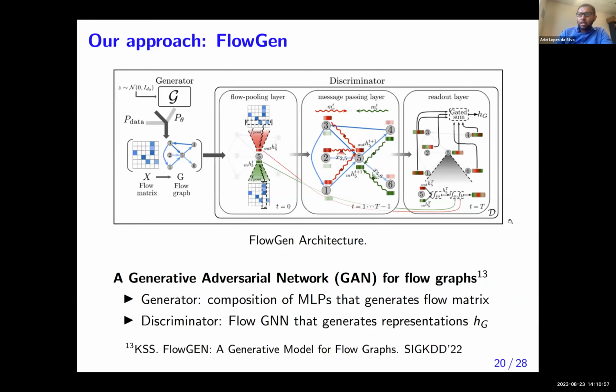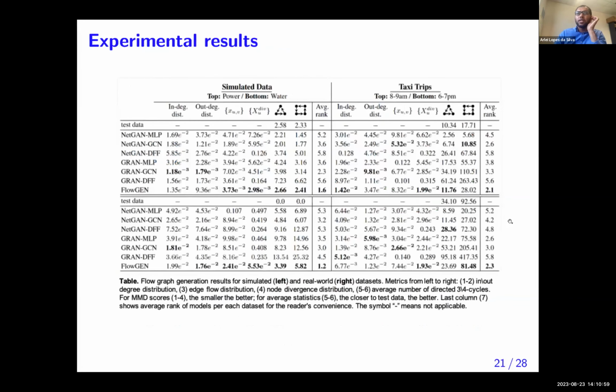I'm just going to show you some results. Here, similar to some results we have seen before, I'm comparing some statistics of the real data set with the statistics of the graphs that I generate. Most of these metrics are distances, so I want them to be small. You can see that for a lot of them, our model provides the lowest distance. To give an example, we can compare the in-degree distribution of the real data set with the ones of the graphs that you generate.